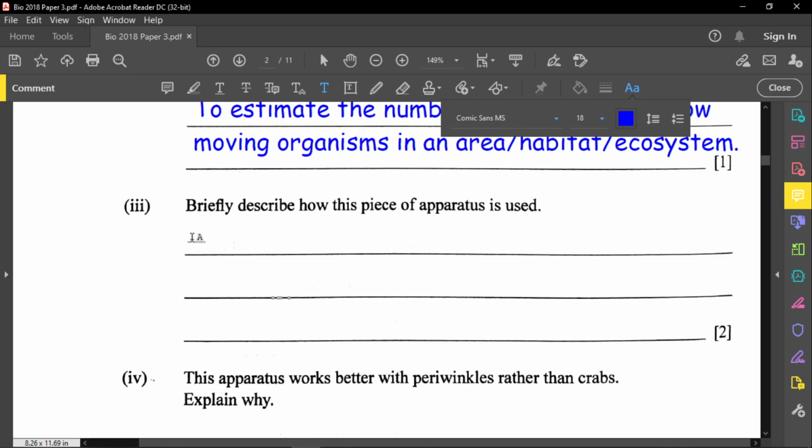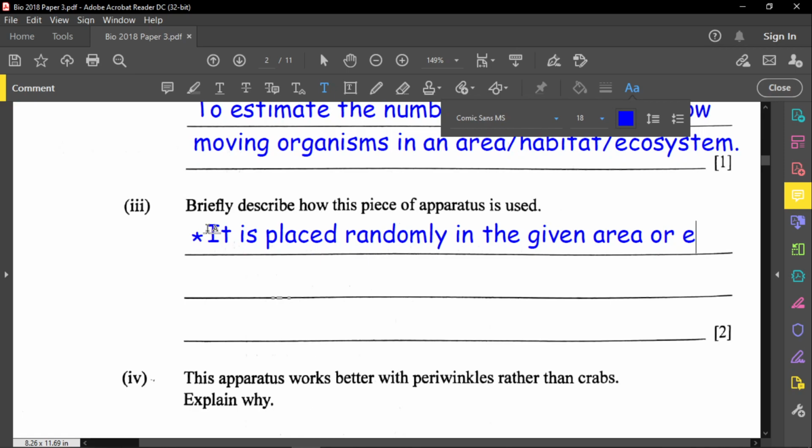The first thing is that it is placed randomly in a given area or ecosystem.